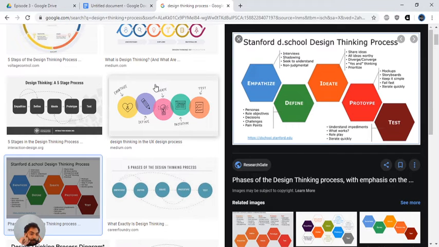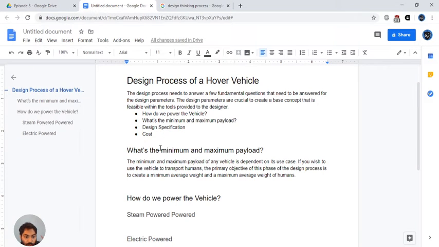So what you need is, the payload for me is humans, right? So I want to know the minimum average weight and maximum average weight of humans.